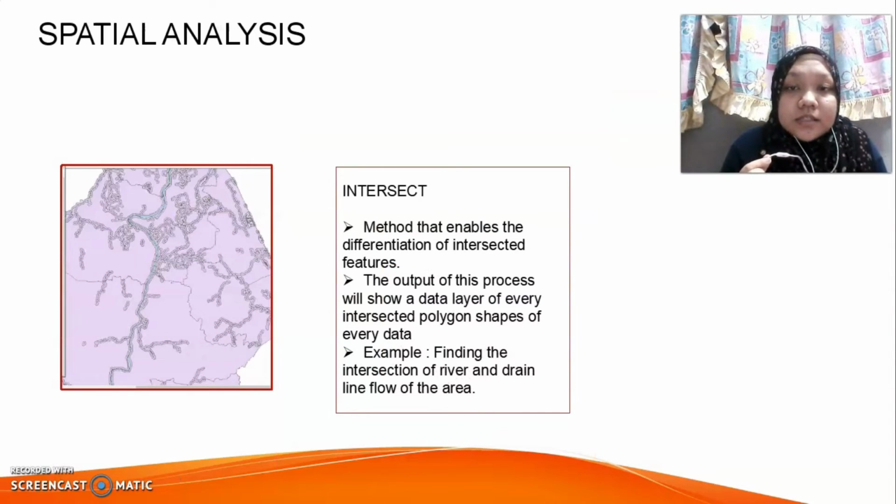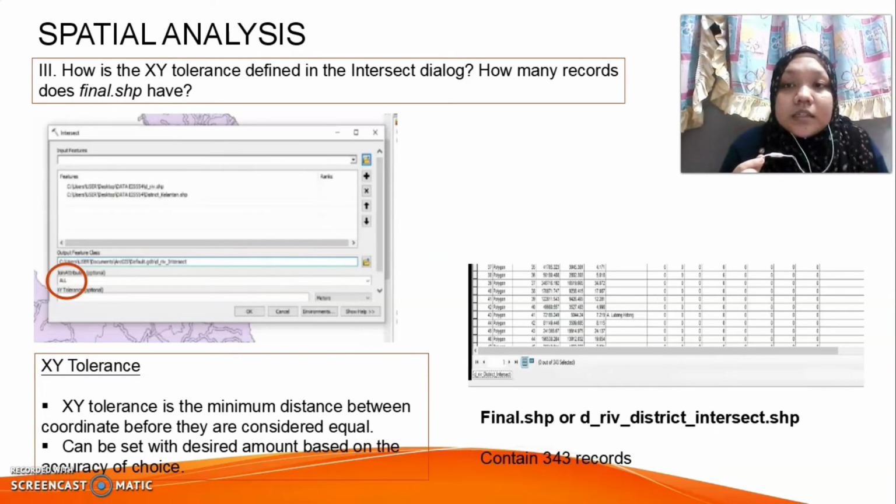Next is intersect, a method that enables the differentiation of the intersecting features. The output of this process will show a data layer of every intersected polygon shape of every data. For example, finding the intersection of river and drain line flow of the area. Then, how is the XY tolerance defined in the intersect dialog?